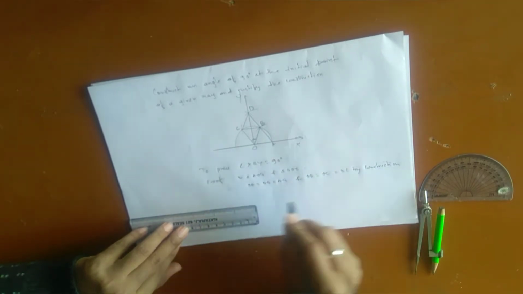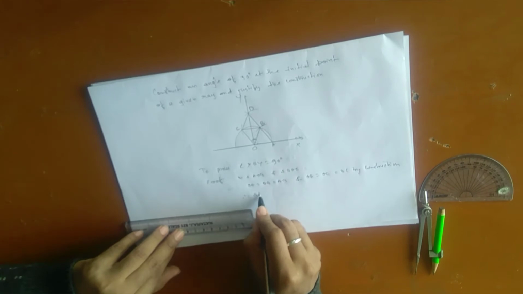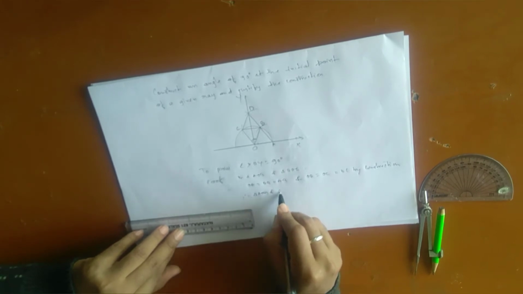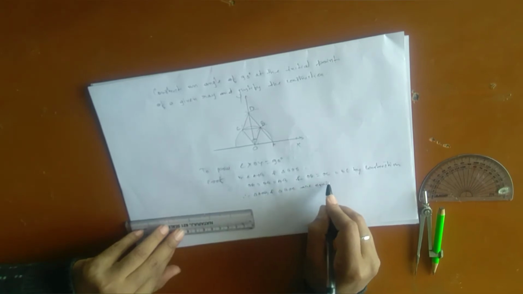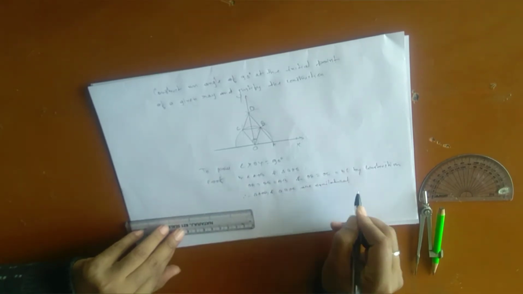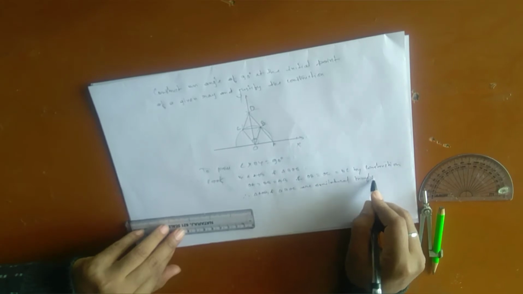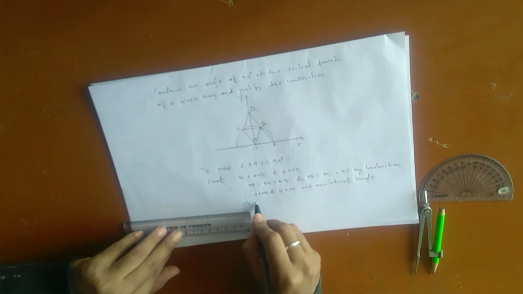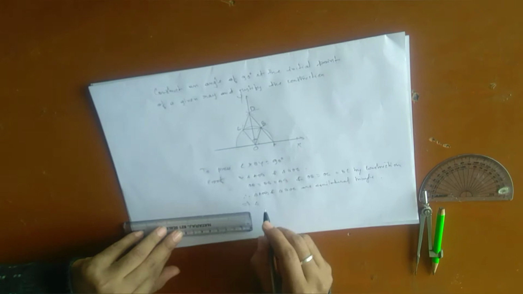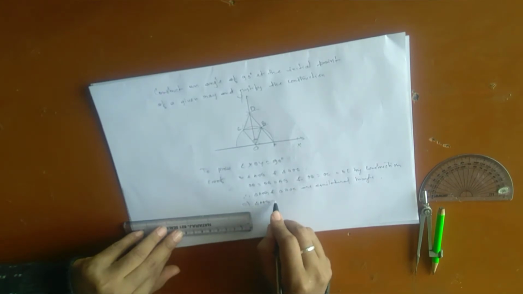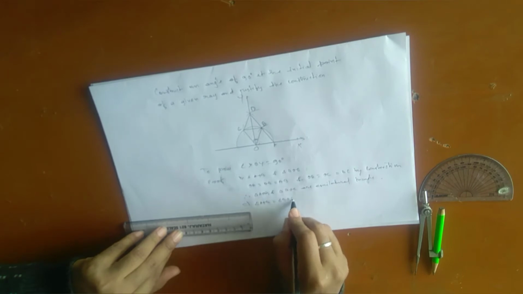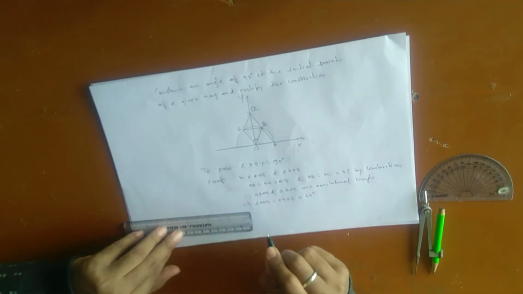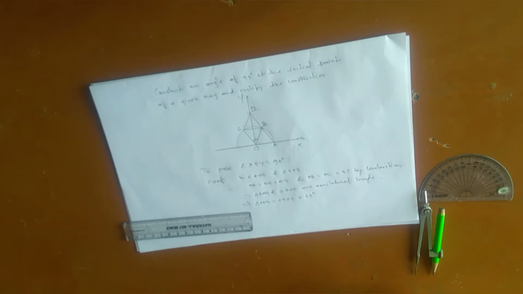Therefore triangle AOB and triangle BOC are equilateral triangles. If they are equilateral triangles, this implies angle AOB equals angle BOC equals 60 degree, as each angle of an equilateral triangle is 60 degree.